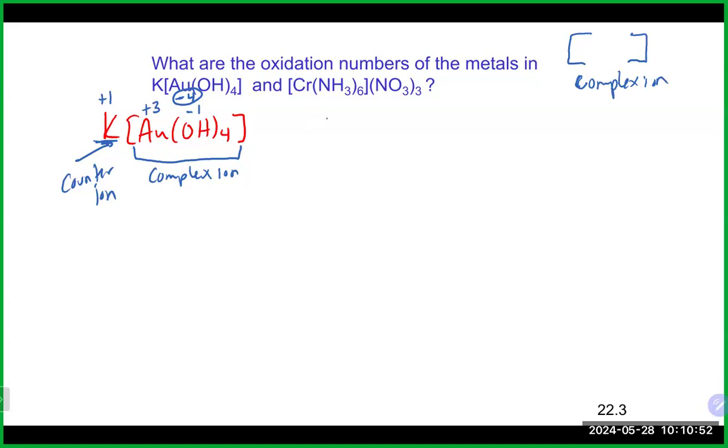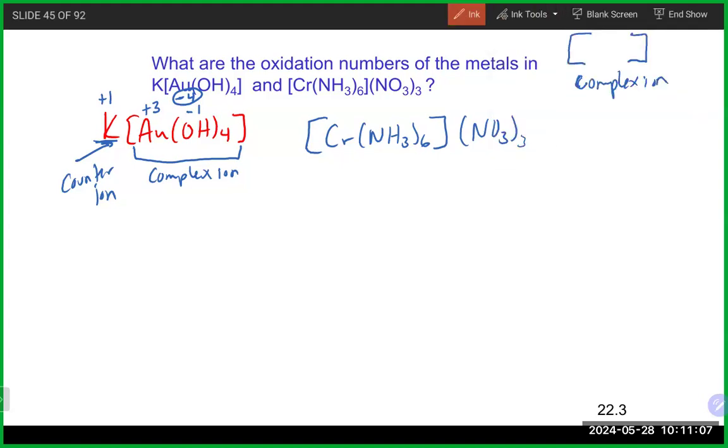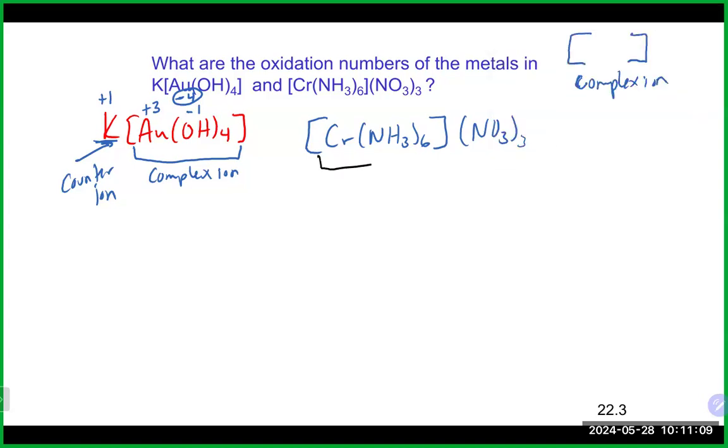Looking at our other one here, we have [Cr(NH3)6](NO3)3. Once again, up front here is going to be our complex ion, and that here would be our counter ion in this particular case.